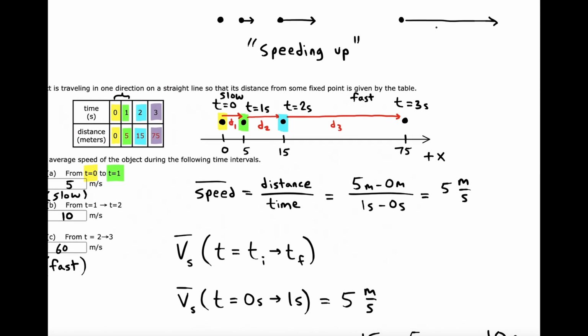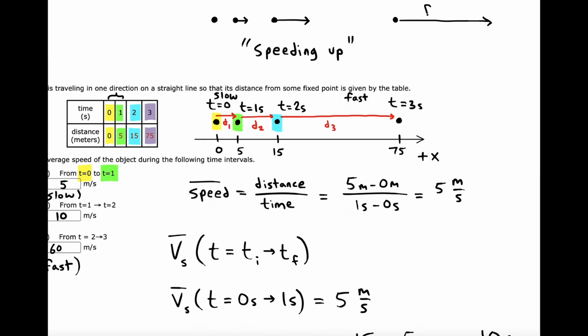So a longer arrow indicates fast speed, whereas a shorter arrow indicates slow speed. This concept is called acceleration when our object has a changing velocity.